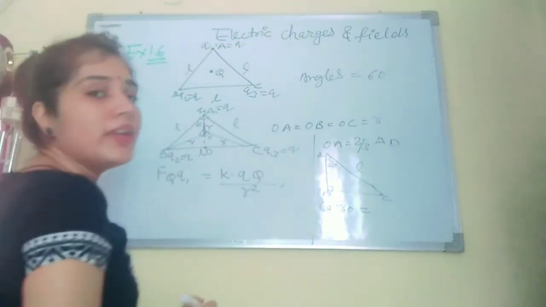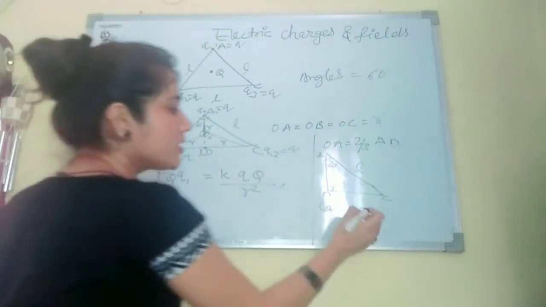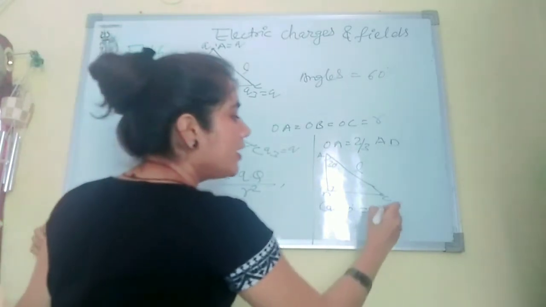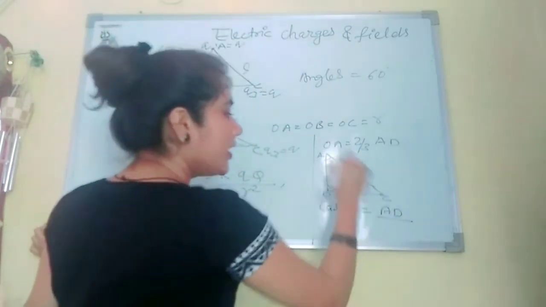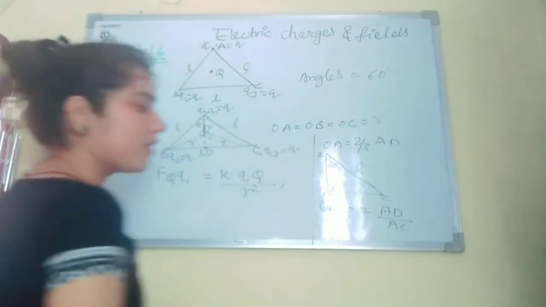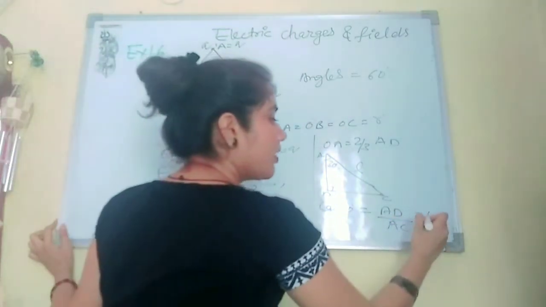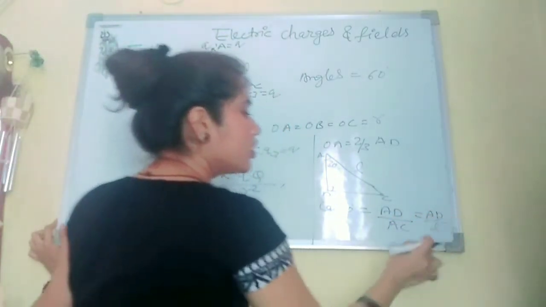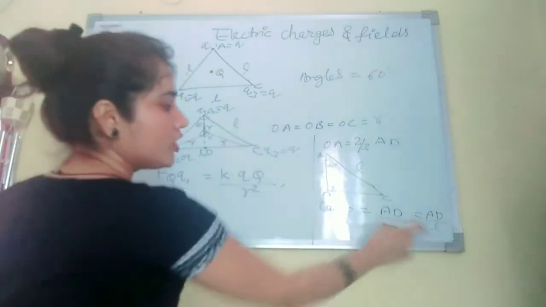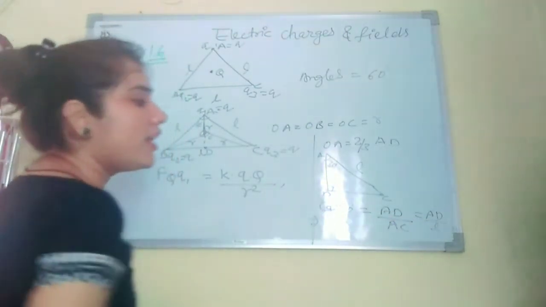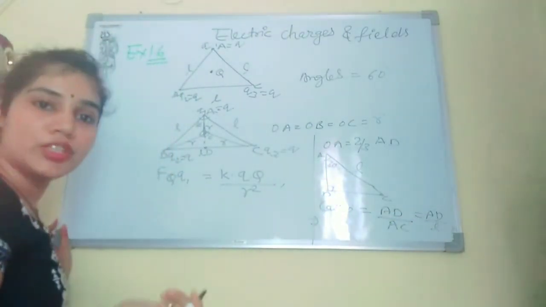So AD will be the base, cos 30 equal to AD upon AC, and AC is L. So L will transfer here, and the value of cos 30 is root 3 by 2.